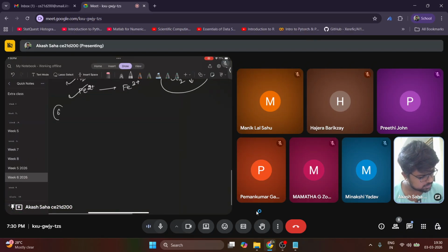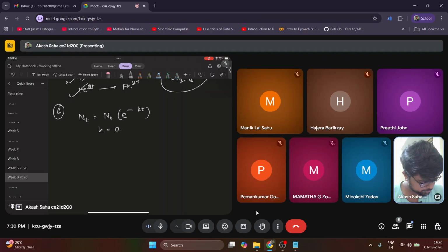So question number 6. First we know that the equation given for the number of microorganisms is Nt = N0 e^(-kt). Here k is given as 0.145, so Nt = N0 e^(-0.145 t). That means at the end of time t, it will follow this kind of curve.